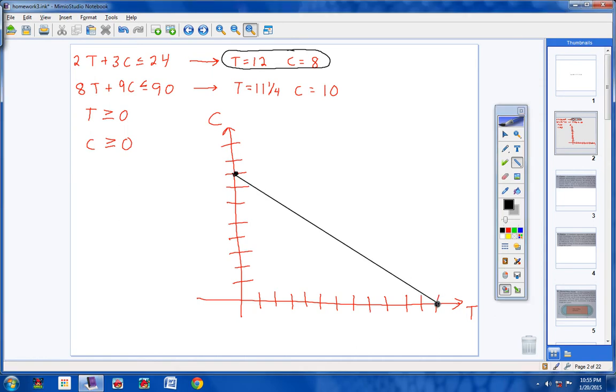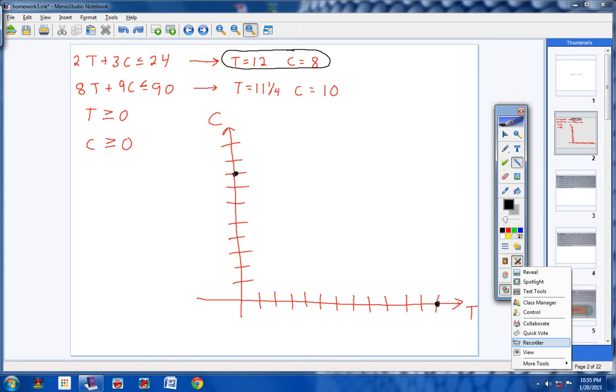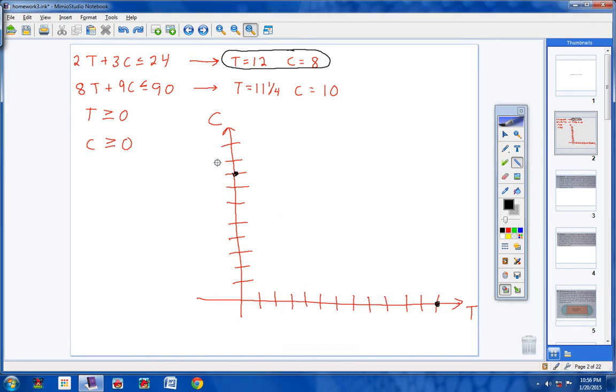Students, it's okay if you want to draw the line through the axis all the way through like this. That's totally fine. Eventually, those are going to get cut off, and you'll see why in just a little bit. But anyways, there's the line.